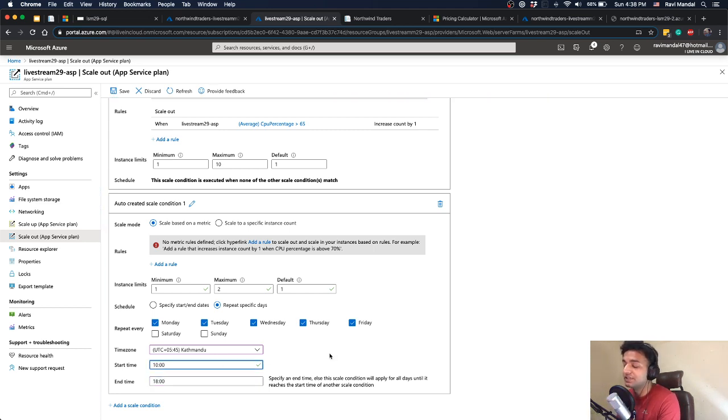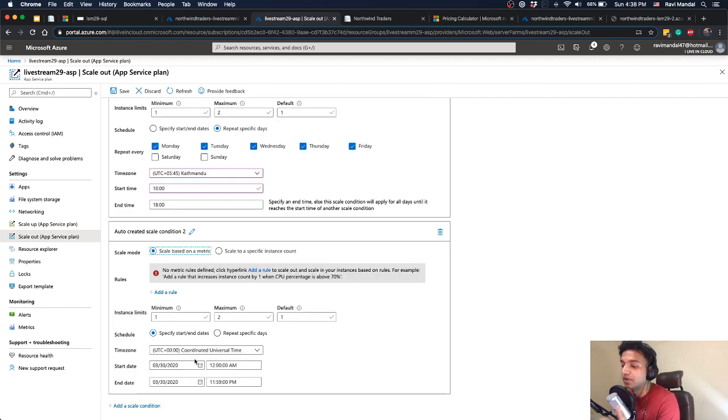What it will do is bump up the number of instances on these days for this period of time, and then you can have another rule saying that after this time has ended, bump it down to one instance.